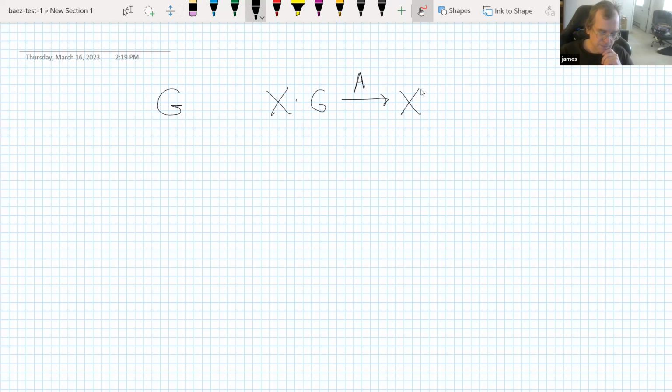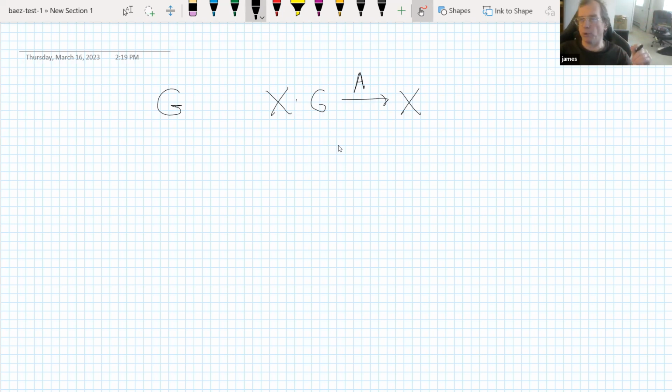So how's this going to work? Don't tell me yet. What I want to say is that in a certain direction, it's invertible. You can divide or something like that. What does a group action do? We have group elements and points.